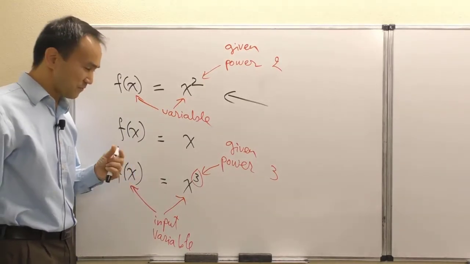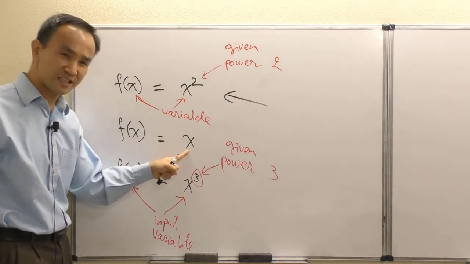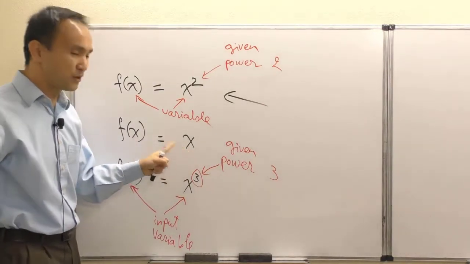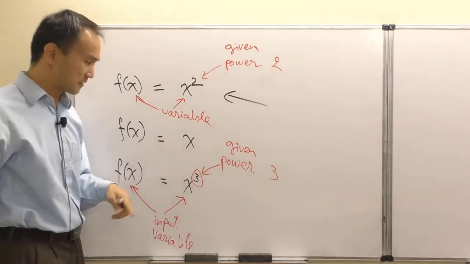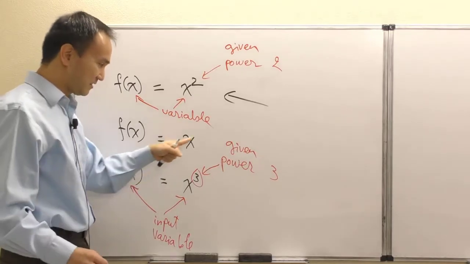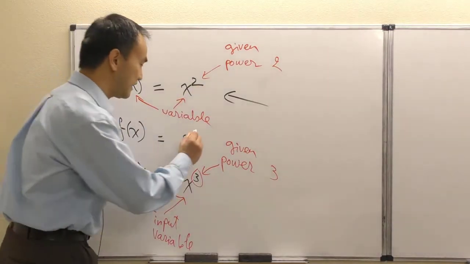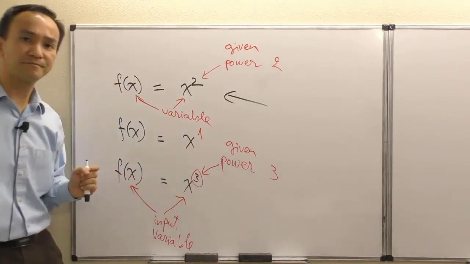So what about this function here that I didn't get to yet? We called that back in the toolkit functions the identity function. It's not written out so trivially, but here it is. We don't see a power like these. Algebraically, it means power 1.